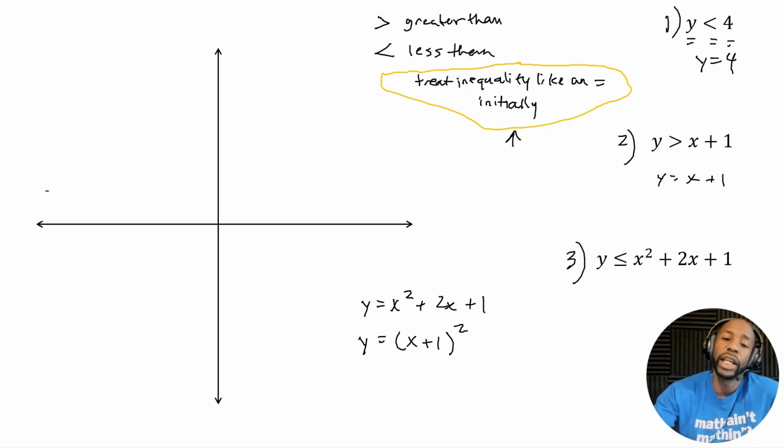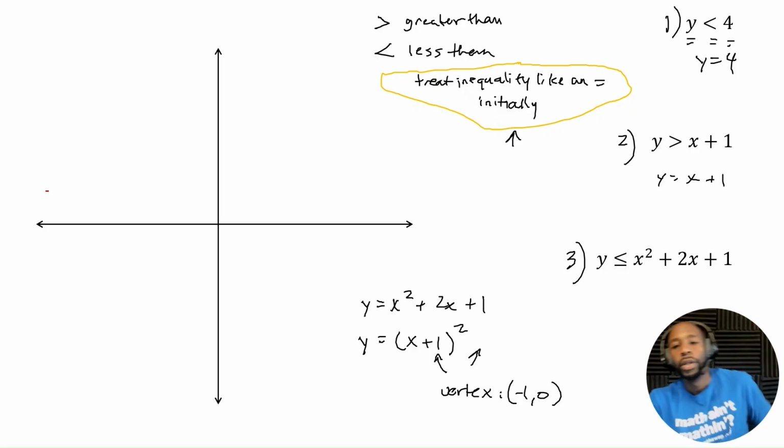So that means the vertex is located at, was it x minus h? So it's going to be at -1, 0, because the vertex is located at this x value, which is -1, and then the y value, which will usually be added here, there is none, so it's 0.